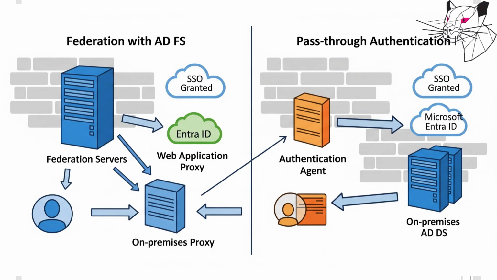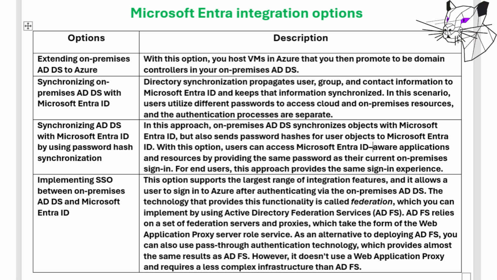ADFS relies on a set of federation servers and proxies, which take the form of the Web Application Proxy Server role service. As an alternative to deploying ADFS, you can also use pass-through authentication technology, which provides almost the same results as ADFS. However, it doesn't use a web application proxy and requires a less complex infrastructure than ADFS.